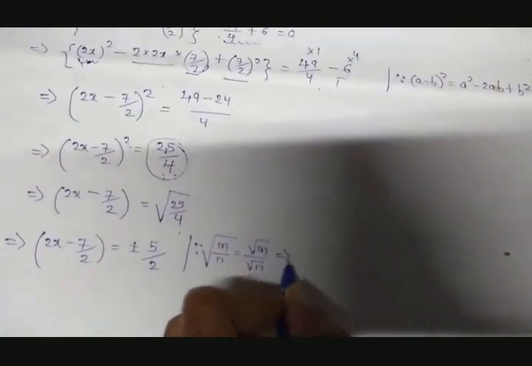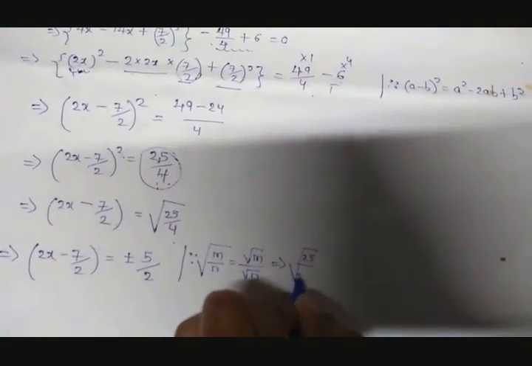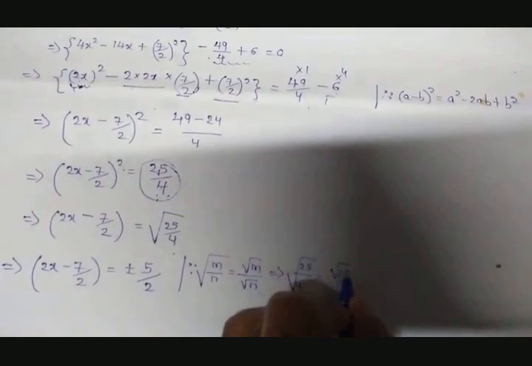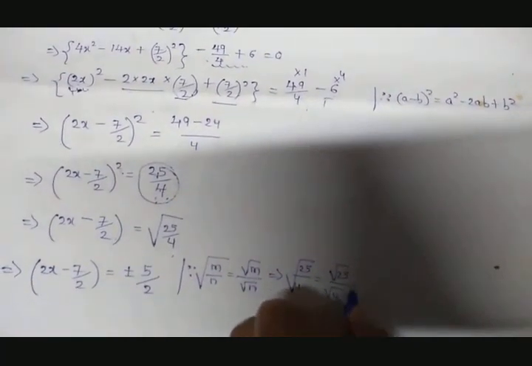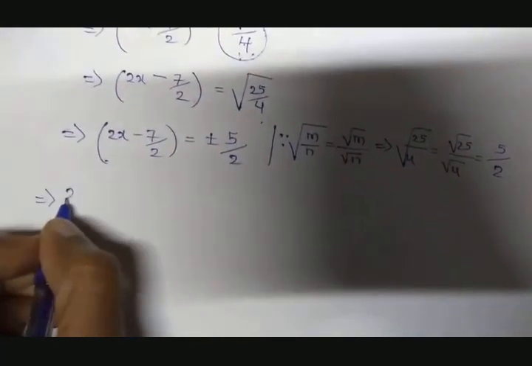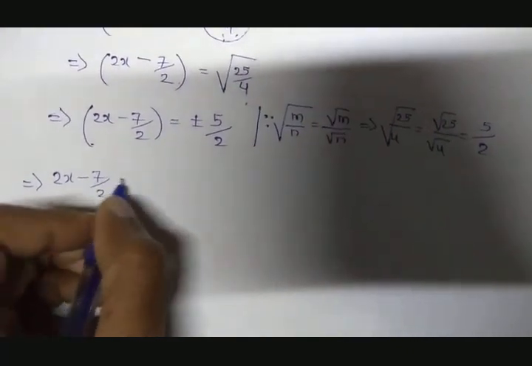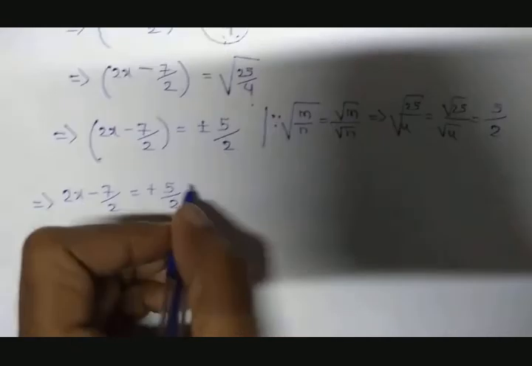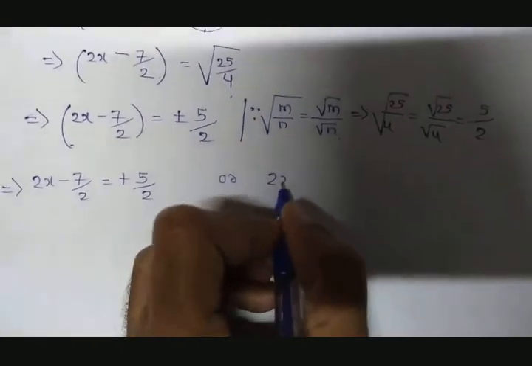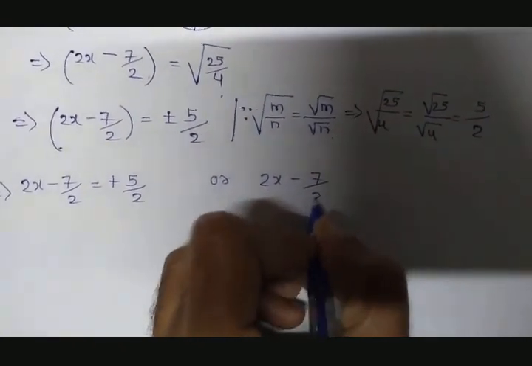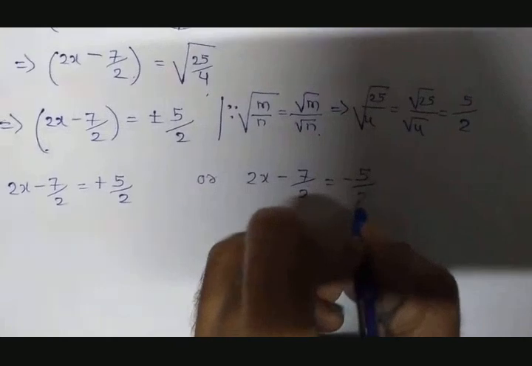So square root of 25 by 4 is equal to square root of 25 divided by square root of 4, which is equal to 5 by 2. So now you have to just equate it and simplify it. So 2x minus 7 by 2 is equal to plus 5 by 2, or 2x minus 7 by 2 is equal to minus 5 by 2.